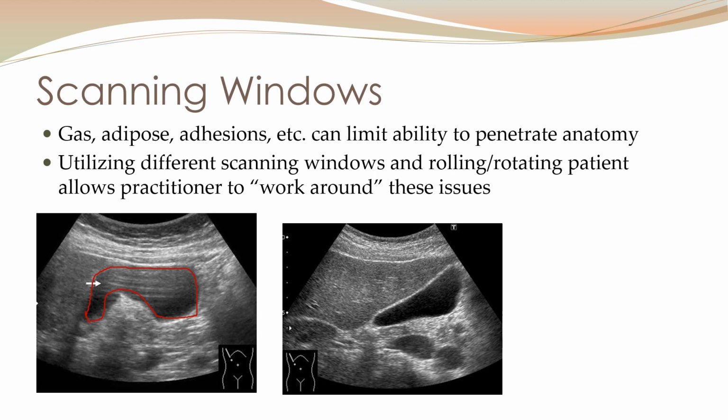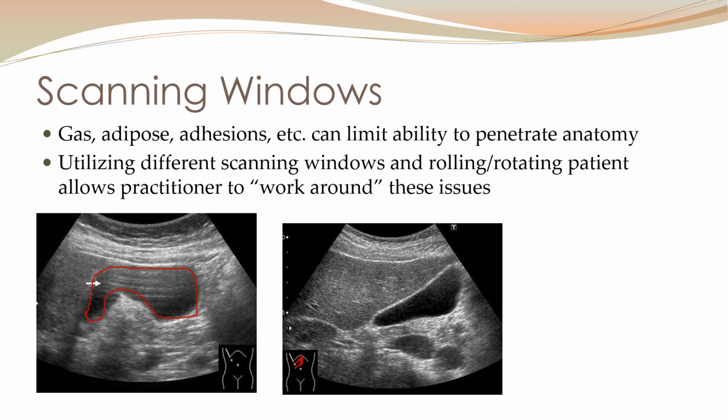So the best idea is, with some practice, you're going to develop an idea of which windows work for you. So for example, when I'm scanning the gallbladder, one of the places I will start with is going to my patient's midline and angling or rocking my probe so that the beam is scanning into their right lobe of the liver. And sometimes that works beautifully and I get a nice clear image.